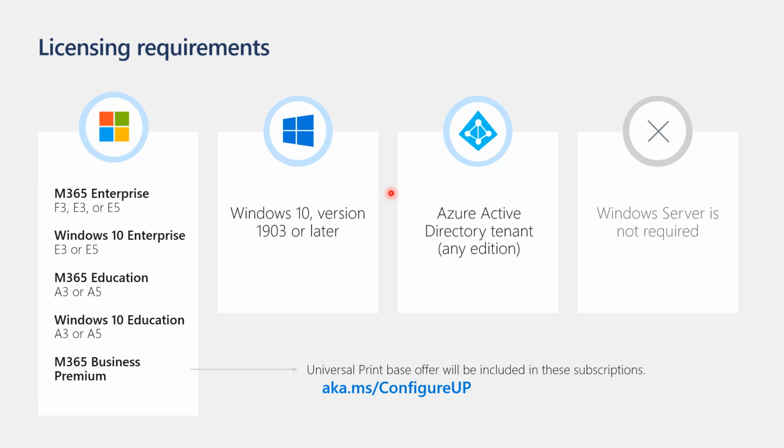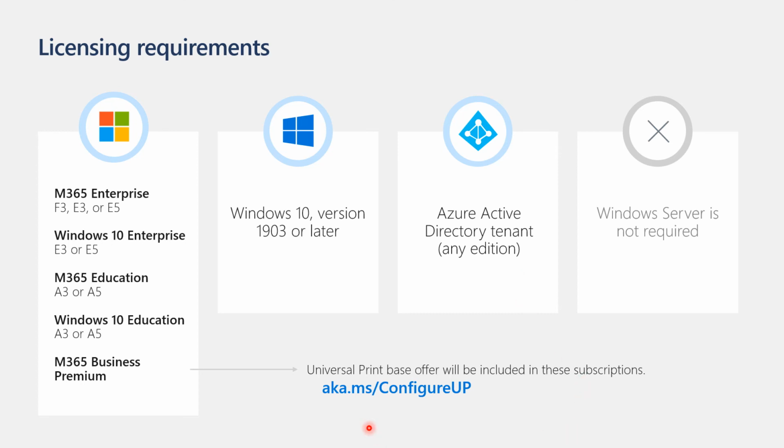As for operating systems, we support Windows 10 and also Windows Server, but Windows Server is not required, and we prefer Windows 10 of course because all the other components are running inside the Universal Print service. Azure Active Directory is needed too, in a hybrid manner or Azure AD only.